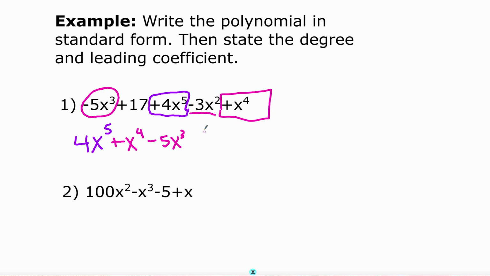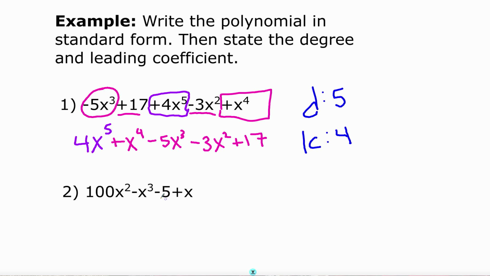And negative 3x squared. And then the constant is all I have left, this plus 17. When it's in standard form like this, the degree and the leading coefficient are right out front. The degree for this one is 5, that highest exponent, and the leading coefficient is 4. The degree is the highest exponent, and the leading coefficient is the number in front of it.